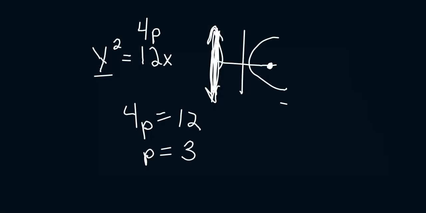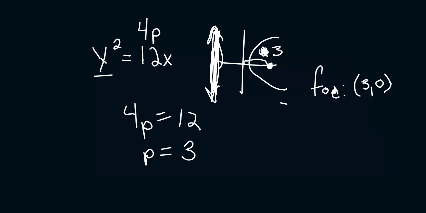So p equals 3. Now p is the distance that your focus is away from the origin. We're centered at the origin here, the vertex. The origin is just a bad drawing. So that means the point of our focus, that's on the x-axis, is 3, 0.